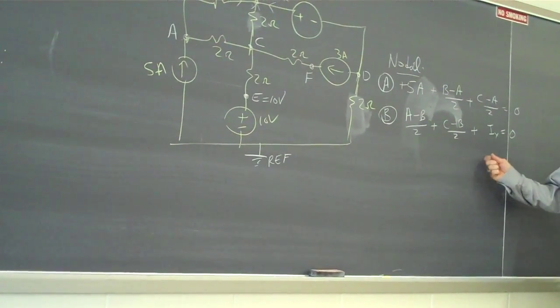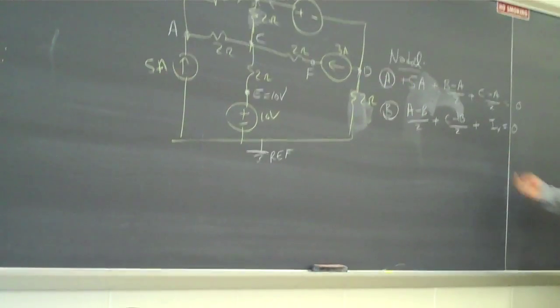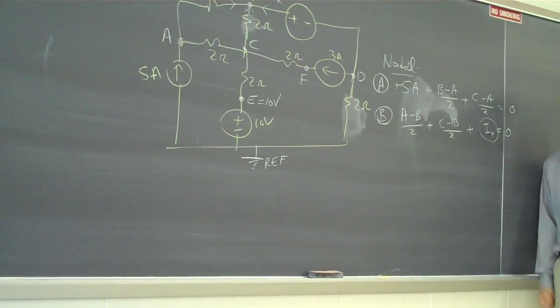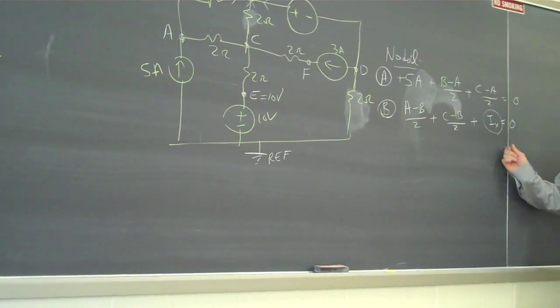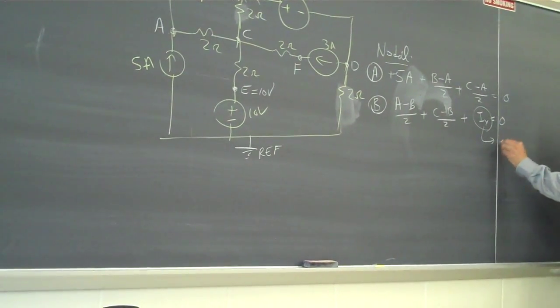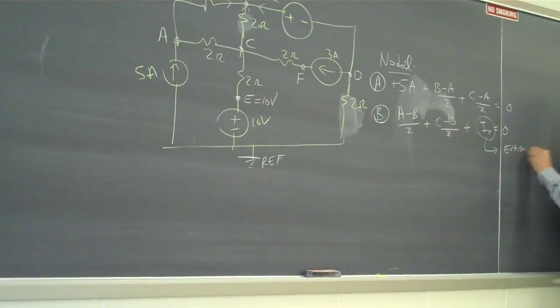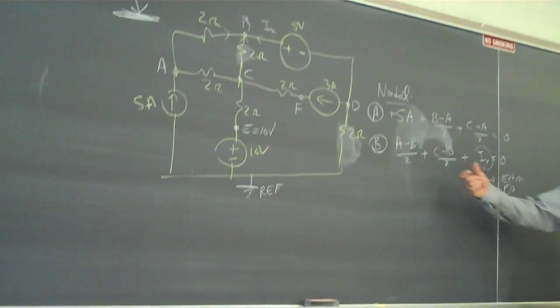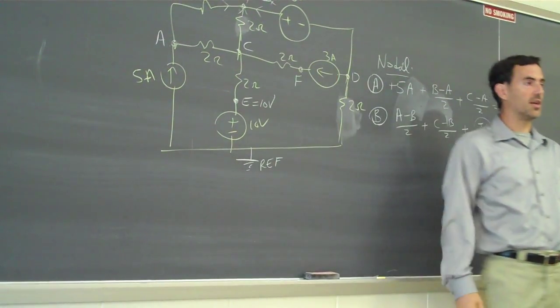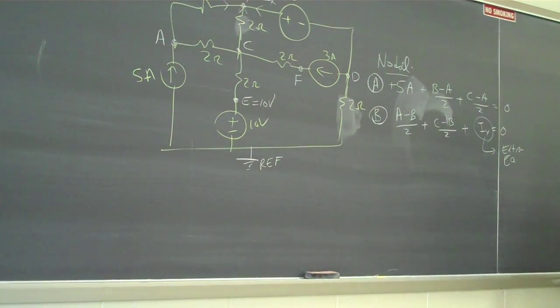Okay, so with nodal analysis, since I've introduced an extra unknown, this IX that didn't used to be there, I have to introduce another equation. So the extra equation that we have to write is going to have to do with this voltage source, which otherwise was not taken into account.